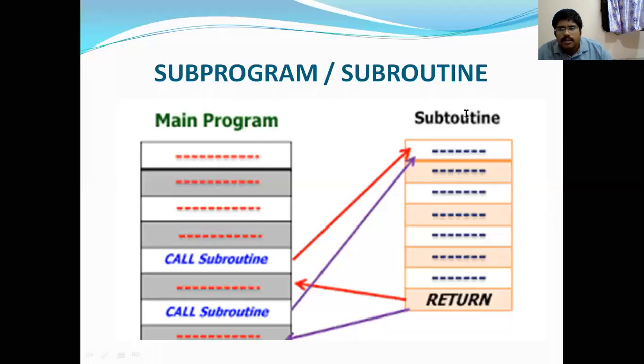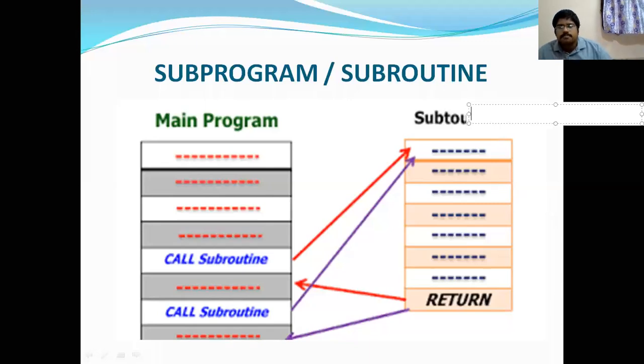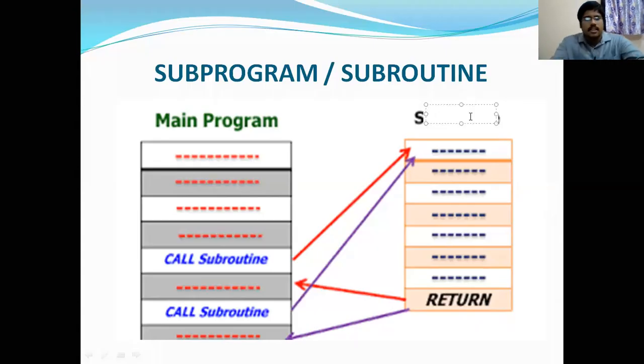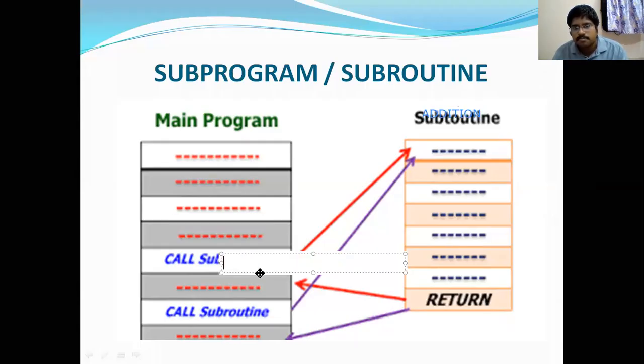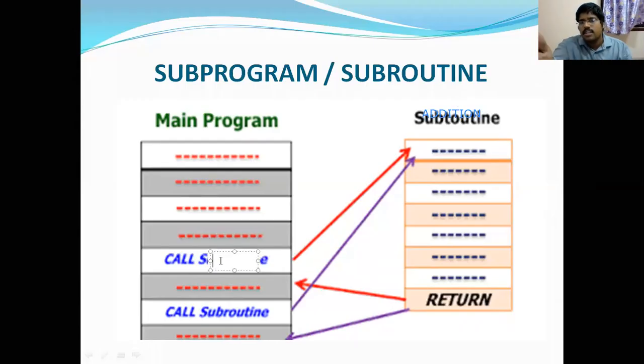Consider its name as ADDITION. So if I want to perform addition here, I will use the instruction CALL, and the name of this subprogram is addition. So I write CALL ADDITION.